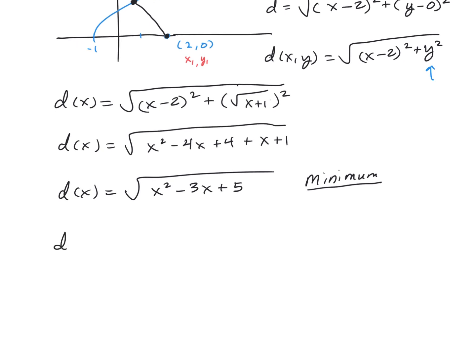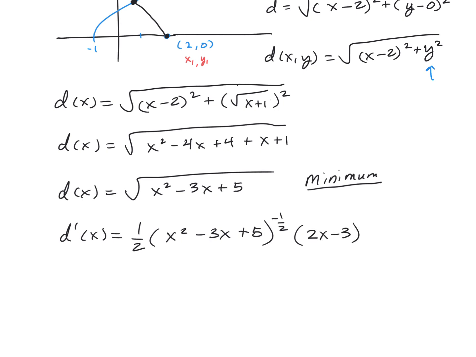So to do this, we will find our derivative. And remember that this is an expression raised to the half power. So the derivative will have a coefficient dropping down, and then the power is going to reduce by 1 to -1/2. And then we have to multiply by the derivative of the inside, which is 2x minus 3, using a chain rule.